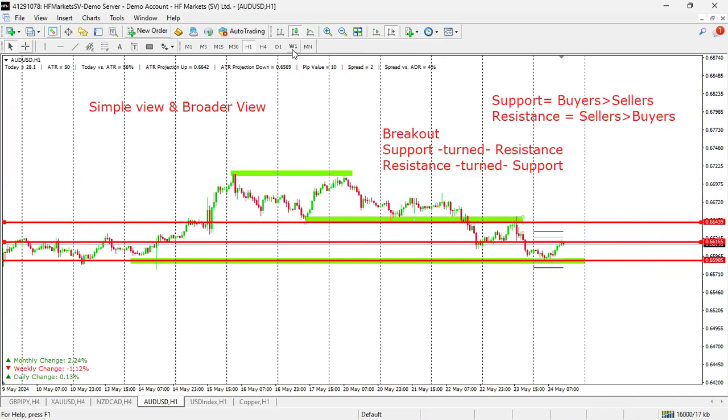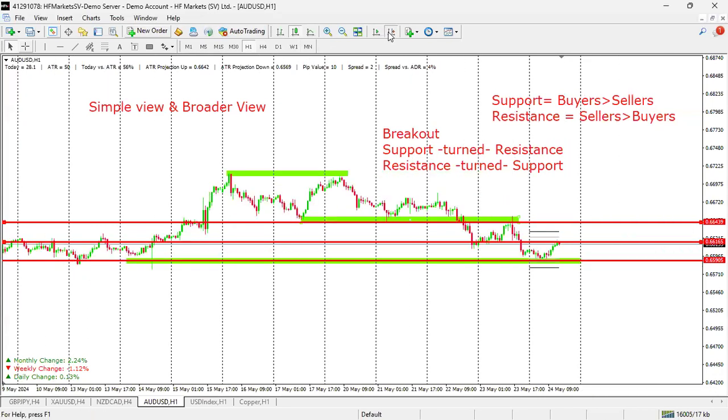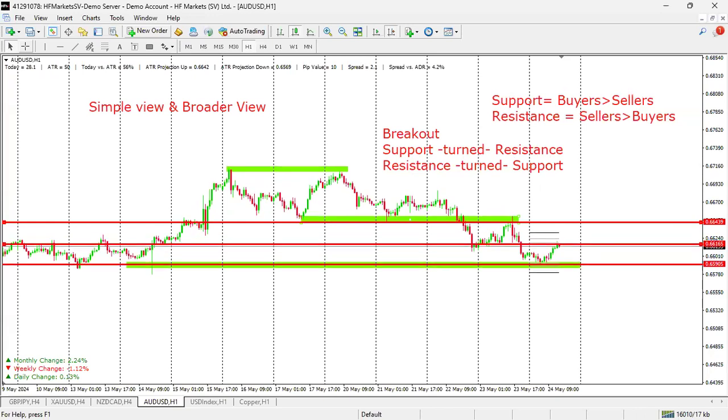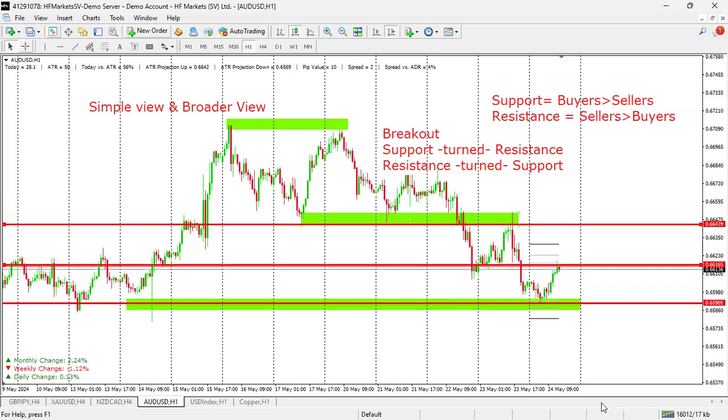Now, if you look at this, okay? If you look at this, right? Now you have two levels here, a previous level of resistance that became support, that is also support here, but now turned resistance. And then there is still another one above you. And then you're wondering, so which one are we now going to say the market is going to use? The truth is there's no certainty.